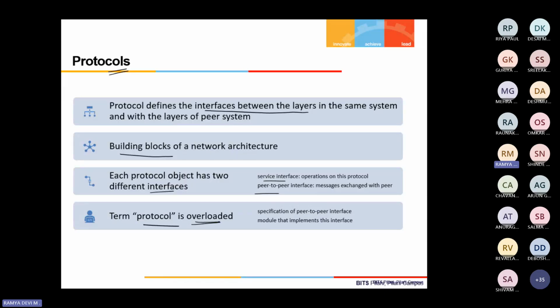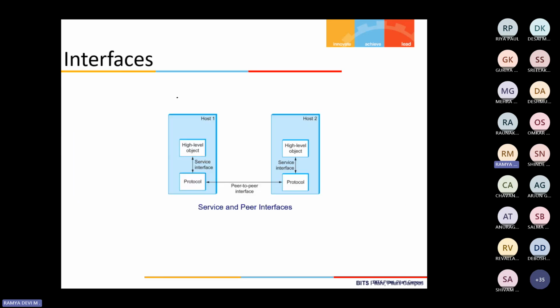The next one is interfaces. In a layered network architecture, an interface defines how the different layers interact with each other, or how a layer interacts with the counterpart protocol on another system.